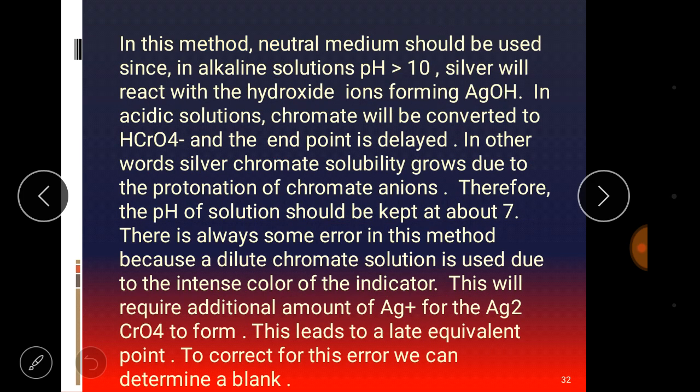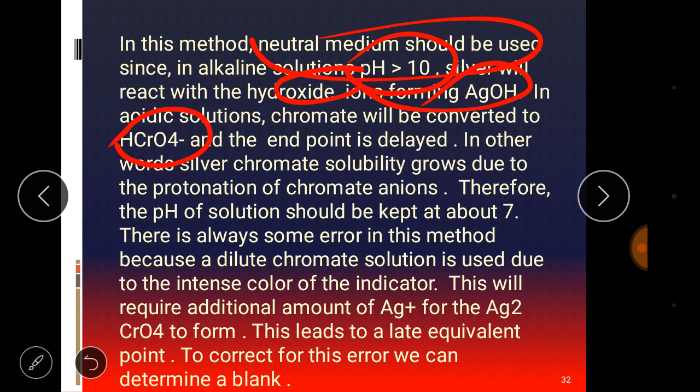In this method a neutral medium should be used, since in alkaline solutions, where pH is greater than 10, silver reacts with hydroxide ion to make silver hydroxide. That's why a neutral medium should be used. And in acidic solutions, chromate will produce HCrO4 minus.